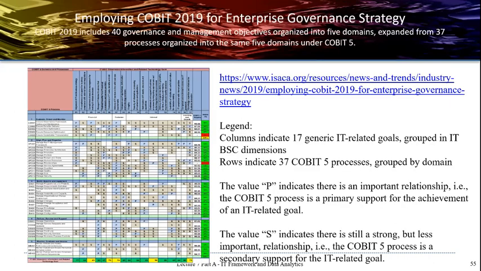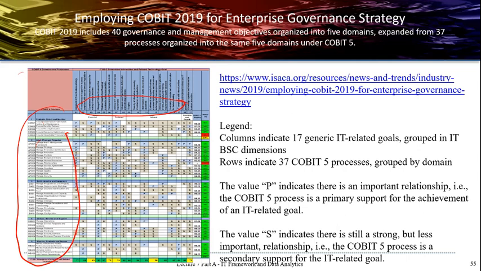Here this picture shows columns indicating 17 generic IT-related goals on this side. These columns include 17, which we discussed. And these rows integrate 37 processes. Anything with P means there's an important relationship to the achievement of goals.